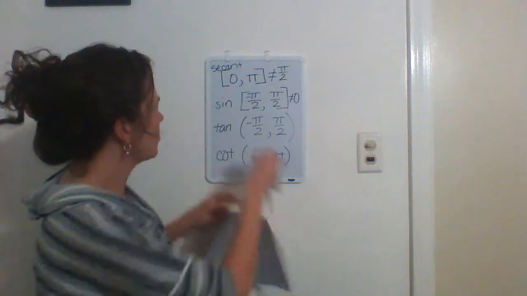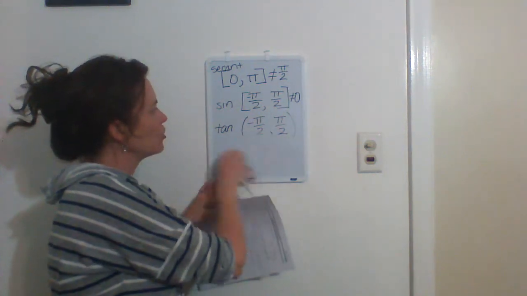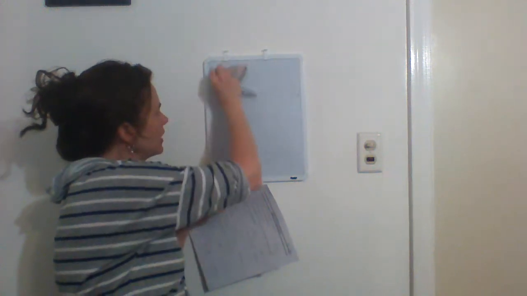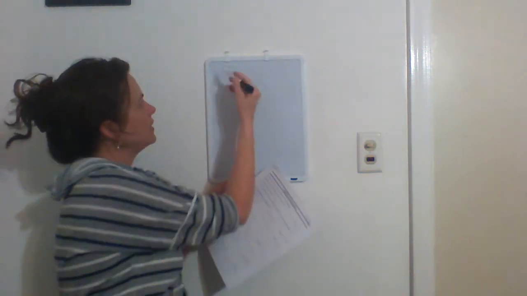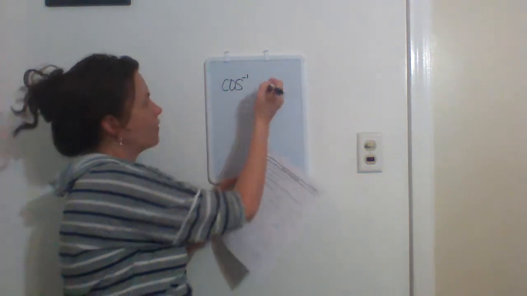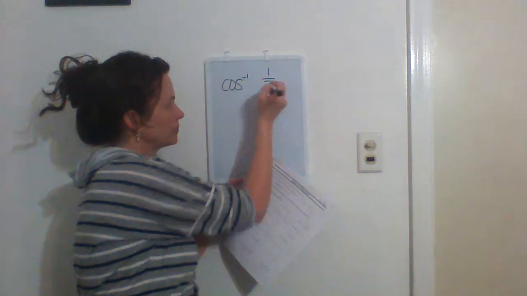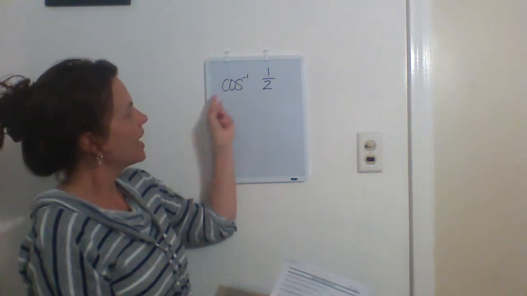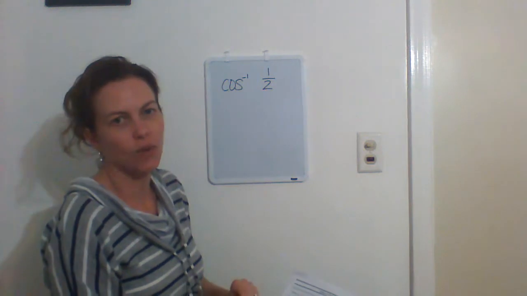All right, so let's look at the bottom of your page and try a couple of examples. We're going to look at number 1 first. We're trying to find cosine inverse of 1/2. And remember what this is asking us is what angle has a cosine of positive 1/2.